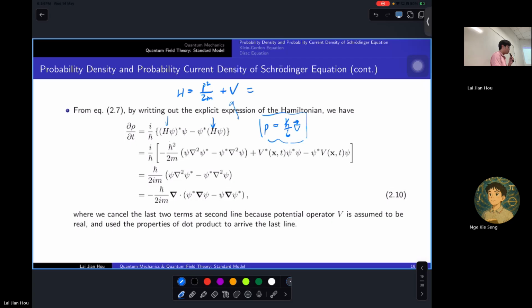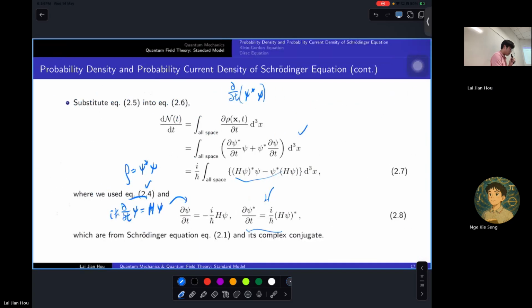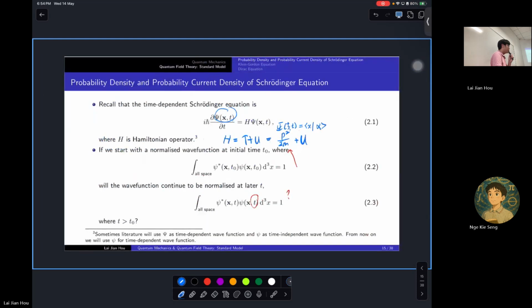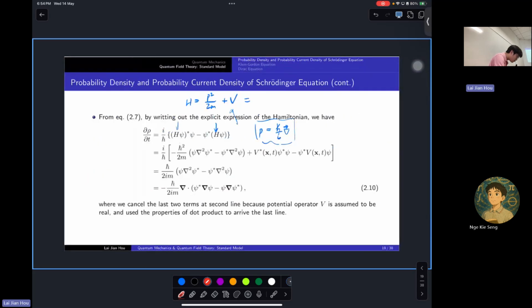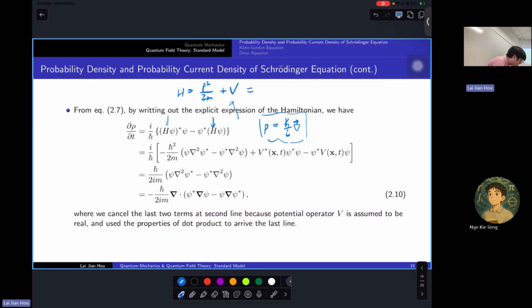So p squared over 2m gives us negative h bar squared over 2m, and this will be nabla dot nabla, so it's the Laplacian squared.